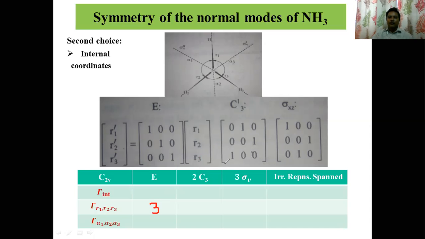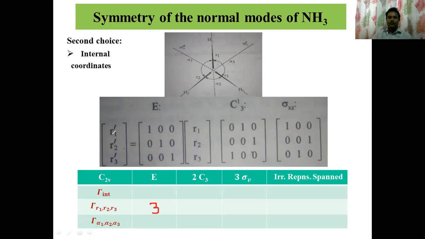Okay. Now if we go for C3, again only one operation we need to do, because it's under the class, so we have the same character. So now the way this matrix is generated is like, give the rotation anti-clockwise, right? So it was there, so I just picked it up. So anti-clockwise, if we give rotation, it goes like this: R1 comes here in the position of R2, right?